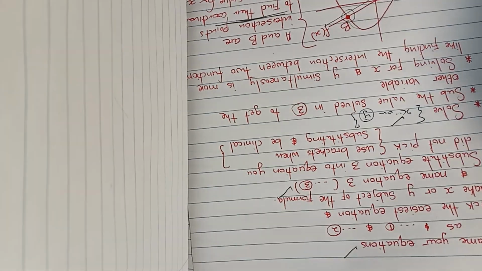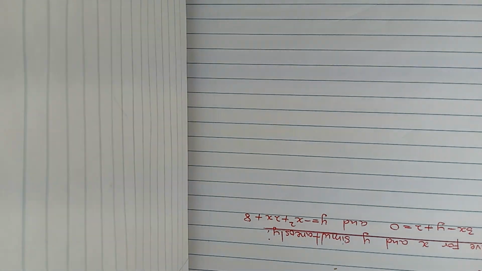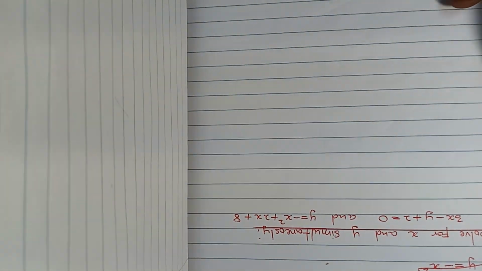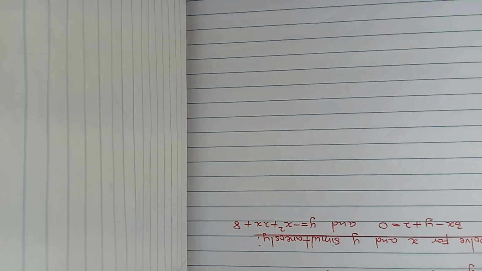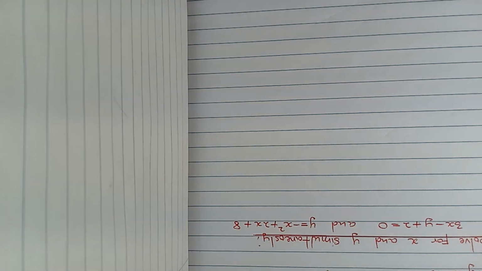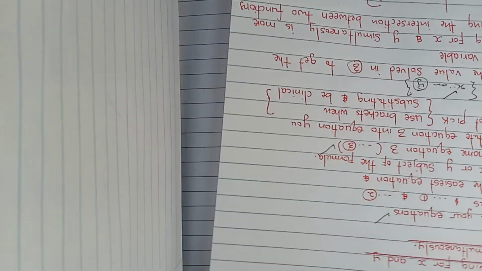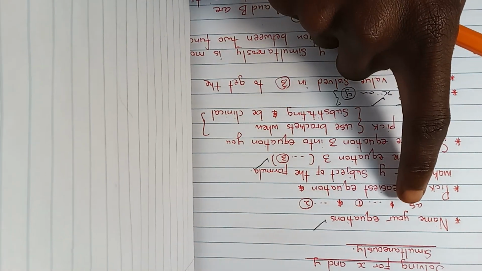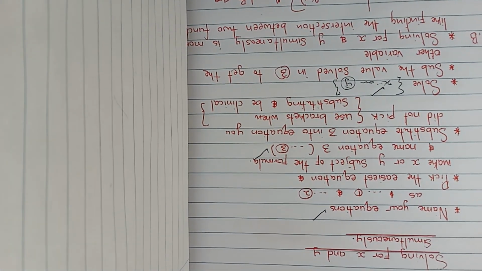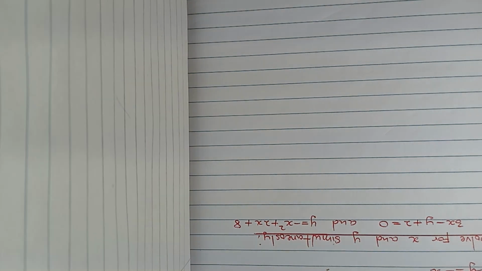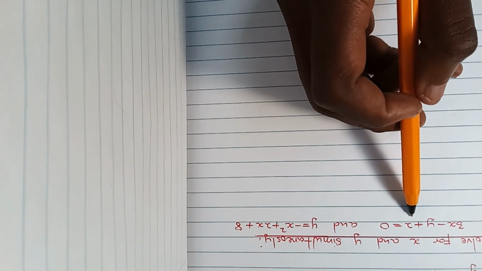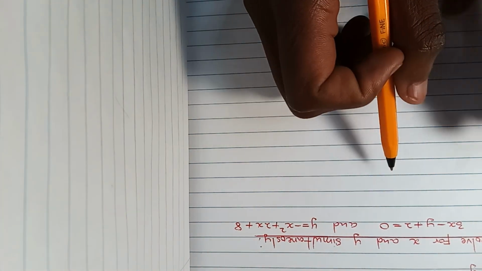Now let's go to the example and see if we can solve for x and y simultaneously using the guide. Let's see if the guide is useful. The first point of the guide was name your equations as 1 and 2. Now I want you to see how I rewrite these. The question in the exam will be like this, and then you have to rewrite them.